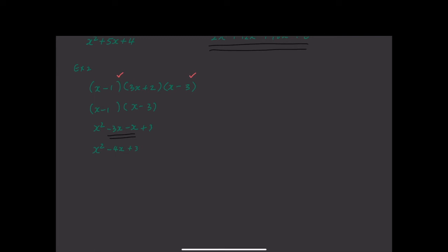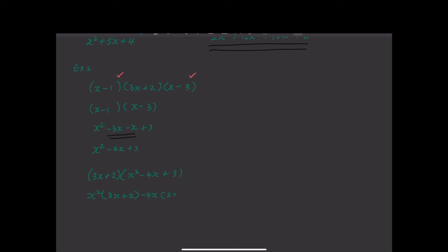We now move on to multiplying 3x plus 2 by x squared minus 4x plus 3. Then we're going to do the partition method. So we're going to multiply x squared into 3x plus 2, minus 4x into 3x plus 2.